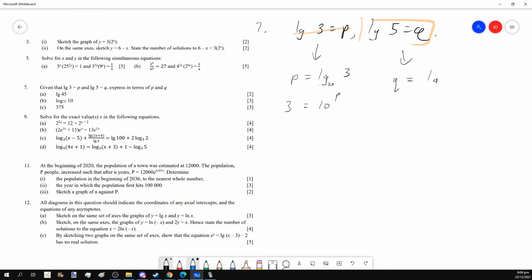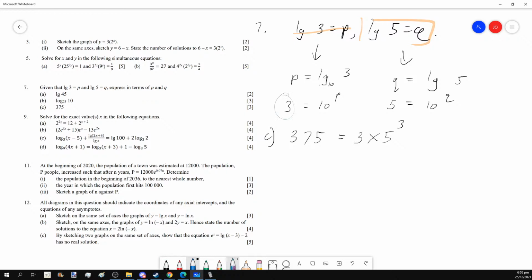We will have q equal to log 5. Therefore, 5 equals 10 to the power of q. From here, we start with 375. We will perform our prime factorization again. You will realize it is equal to 3 multiplied by 5 cubed.